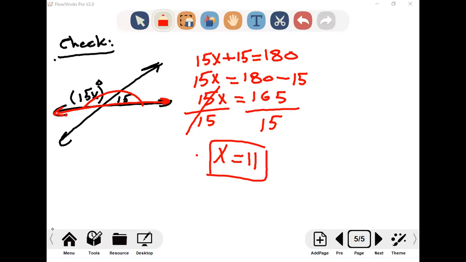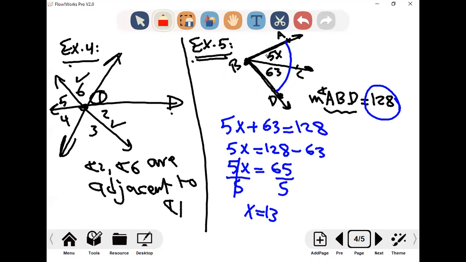Done? Done. I will repeat the two examples and the check. Now in the example, look at the example. I have these angles 5x and 63. They want the value of x. They gave me that ABD, the whole angle, is 128. So if you add the two small angles, the answer will be the whole, right?